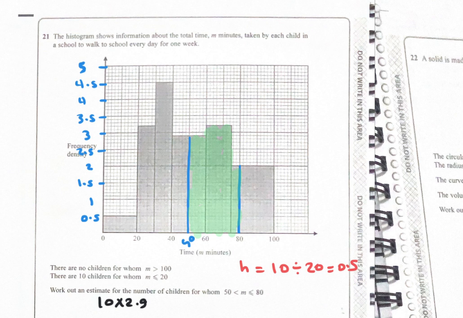So 15 times 3.2 plus, for the last rectangle, from 75 to 80, we have 5. 5 times 2, the height 2. So 5 times 2. Now find the number. The number equals 87.